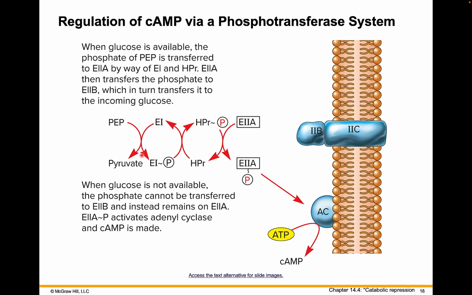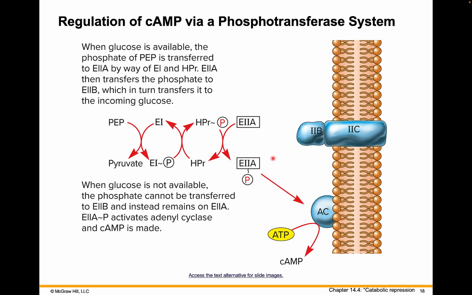So now E1 is phosphorylated. This phosphorylated E1 now transfers the phosphate to a histidine phosphocarrier protein, HPr. The histidine phosphocarrier protein then transfers it to E2A, which becomes phosphorylated, and HPr, once dephosphorylated, goes back to HPr. So this is very self-explanatory.